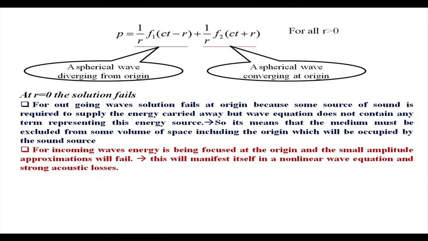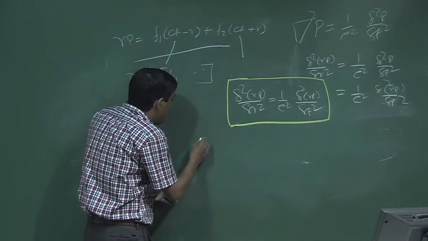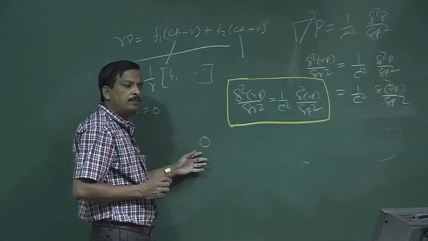The solution fails. For the outgoing wave, the solution fails at the origin, because some source of sound is required to supply the energy carried away, but the wave equation does not contain any term representing this energy source. So it means that some volume must be excluded from the medium.